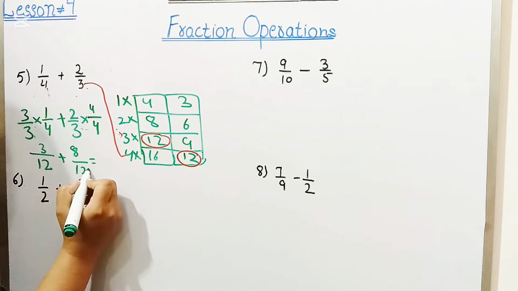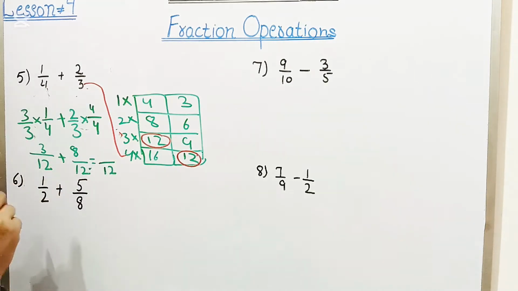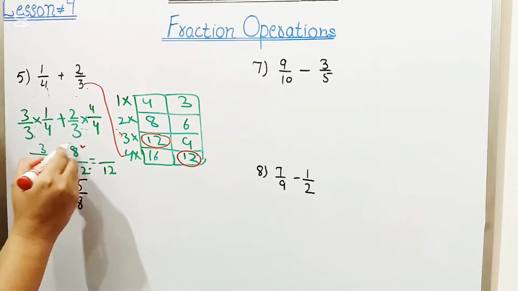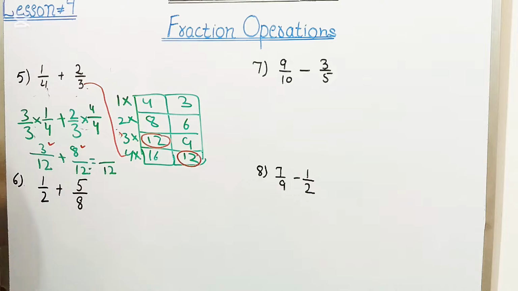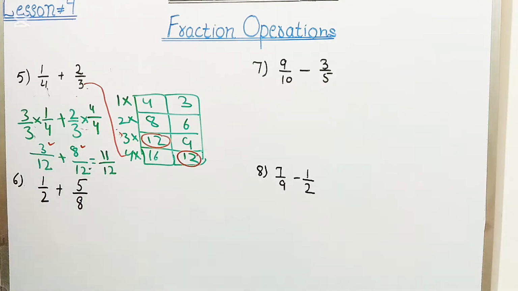We find the same denominator, but we don't add the denominators. We write it as it is. We add only the numerators: 3 plus 8, 11. Now 11 by 12.